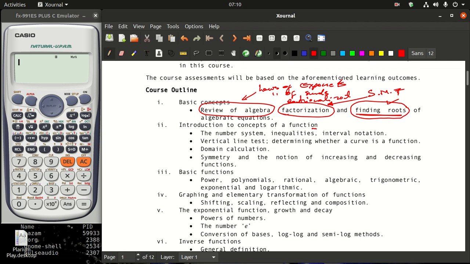And then we went to solving inequalities. We said that if you want to solve an inequality, the first step is to take everything to the left hand side, and then the next step is to change the inequality sign to an equality sign. Once you change that, you find the critical values, which means you want to find the set of input values, or the x values, that make that particular equation equal to 0.